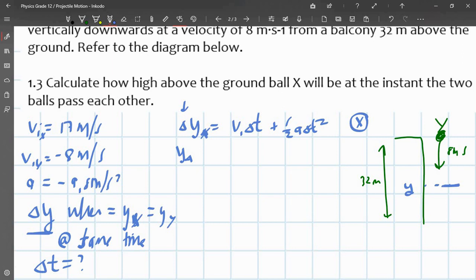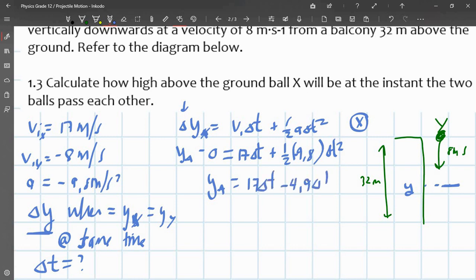So it's ya, final, minus the initial height of 0, is equal to initial velocity 17 times the time, which we don't know, plus half times minus 9.8 times change in time squared. If you simplify that, ya is equal to 17 change in time minus 4.9 change in time squared. And that's your first equation, right?